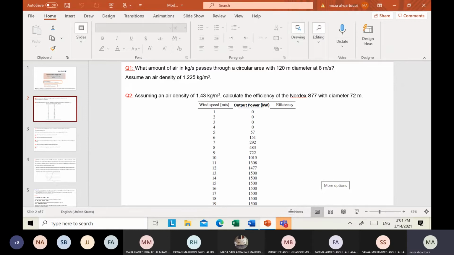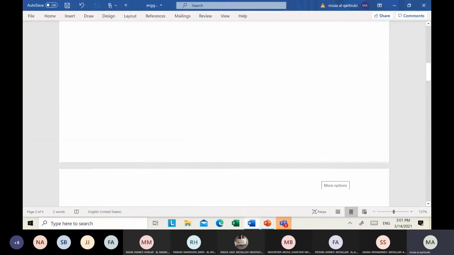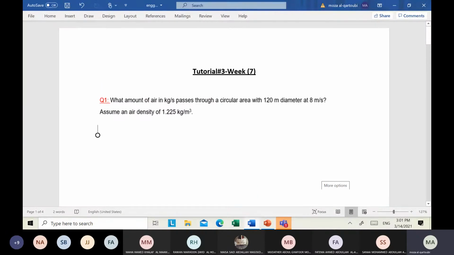We'll solve here. From the given data, the first data given here is the swept area of the rotor of the wind turbine, given as a circular area only. So we should find the area. We should know how to find the area if the rotor area is circular.